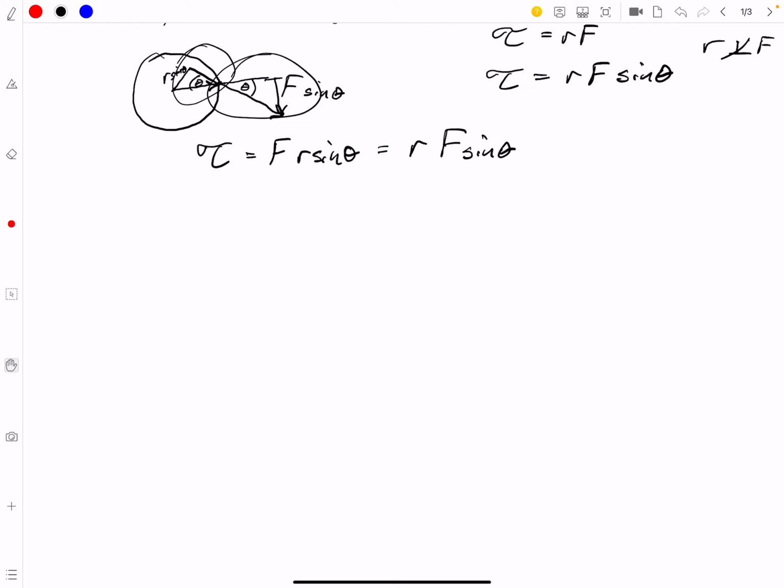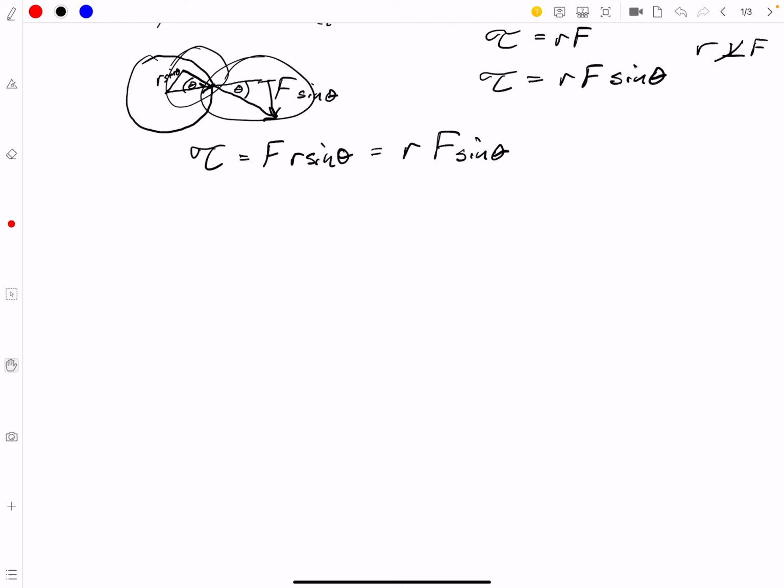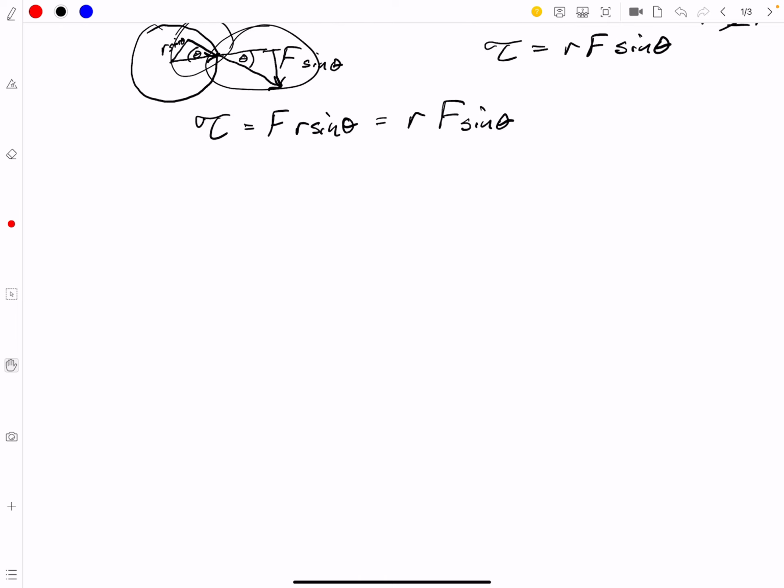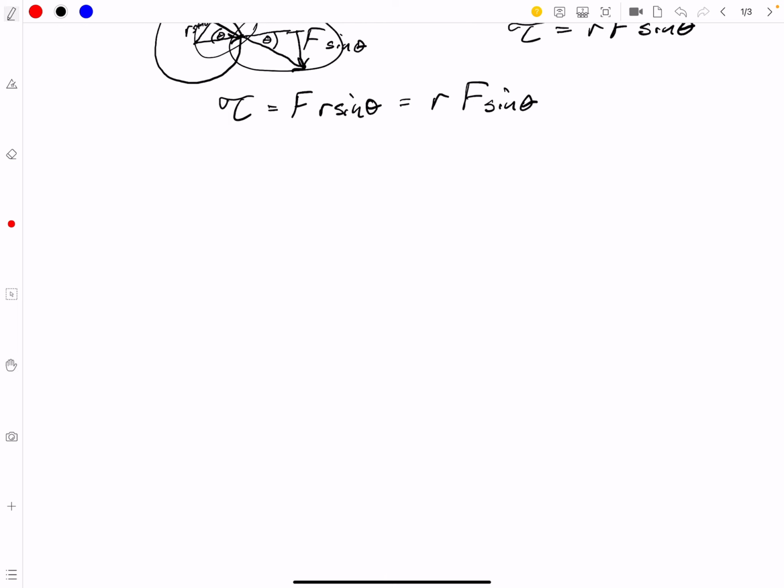Okay, what about the direction? Let's draw another one. Here's the force coming off.